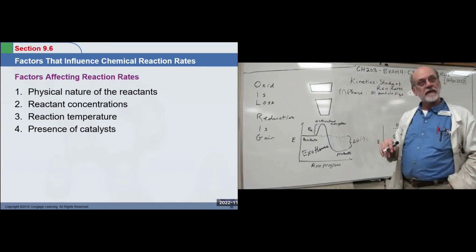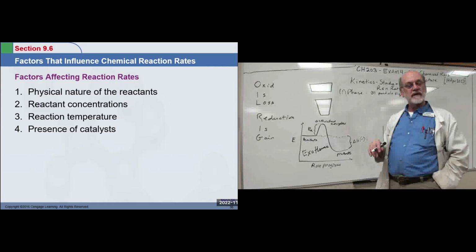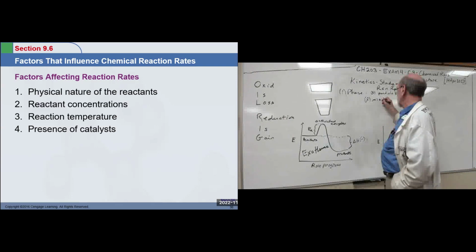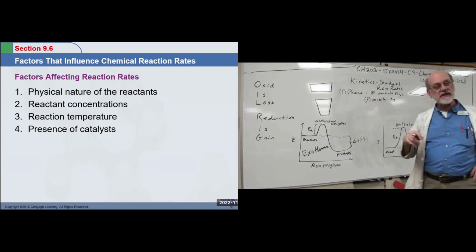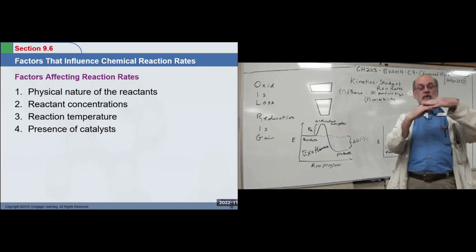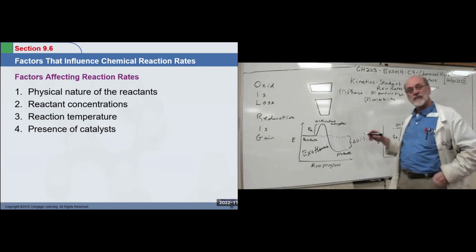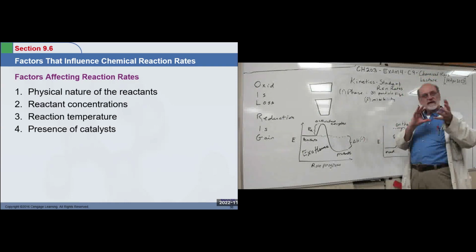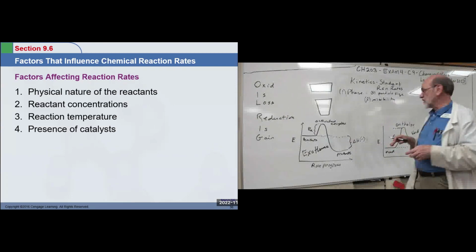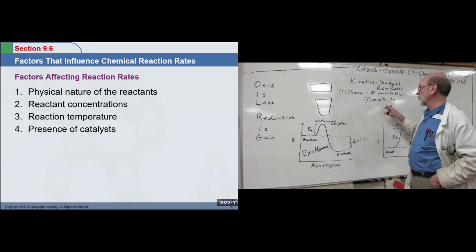Liquids, however, have to be miscible. Miscibility. In other words, if they're separated, like oil and water, they're only going to react where they interface. But if they're miscible, then you get all the reactants mixed in the same space, and there's more chance for them to interact with one another.